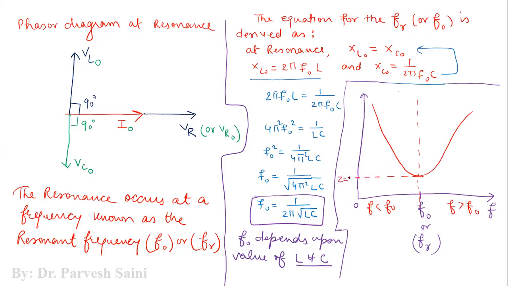Z is equal to R. This is R, right? So we'll write here, at resonance, Z is equal to R, or you can say that Z is minimum.